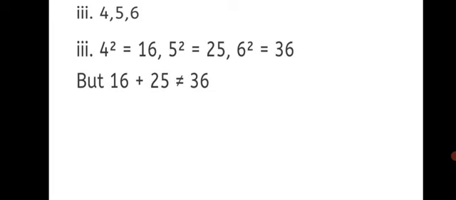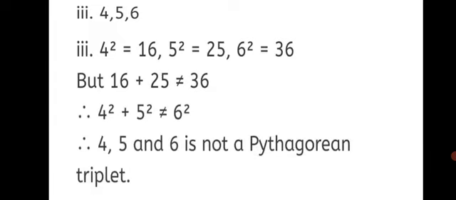It gives you 41. That means it is not equal to 36. So we will write down 4 square plus 5 square is not equal to 6 square. Therefore, 4, 5 and 6 is not a Pythagorean triplet.